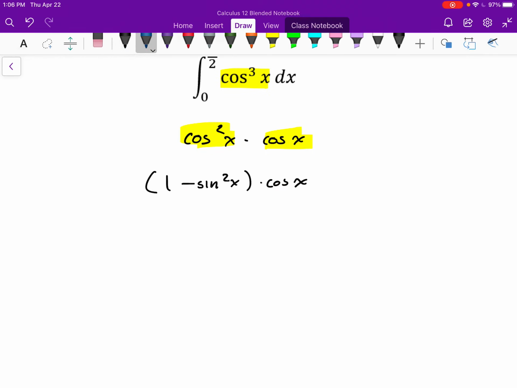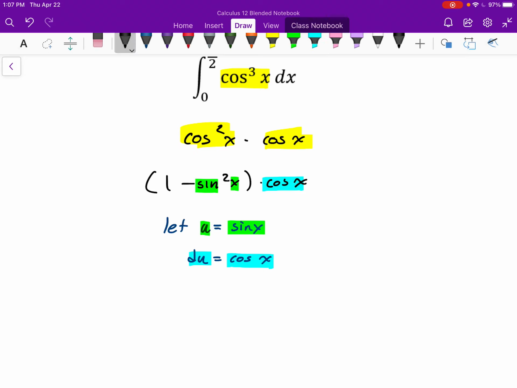Now let's say let u equal the sine of x. And why am I picking the sine of x? Because I know the derivative of sine x is cos x, which I see right there. That's why I'm choosing it. And so let's let u equal just sine x, and therefore du equals cos x dx, which I have there.